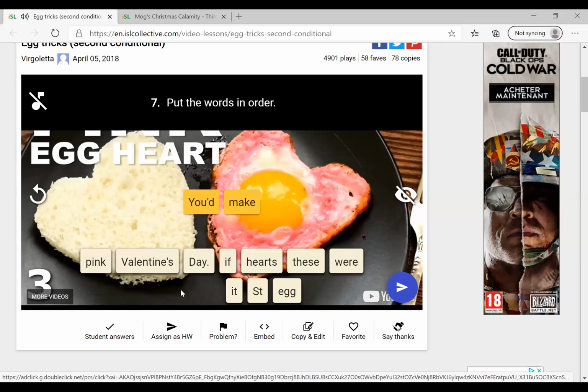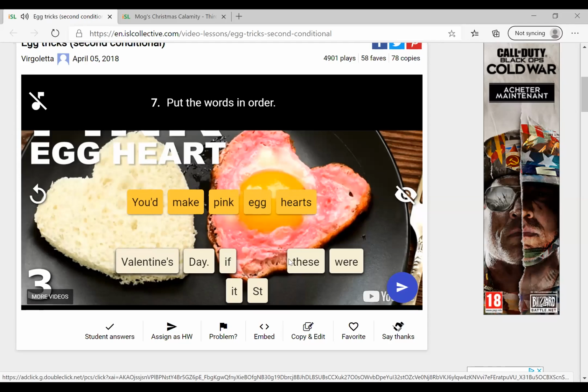The present, you make. Pink egg. This is hot, right?